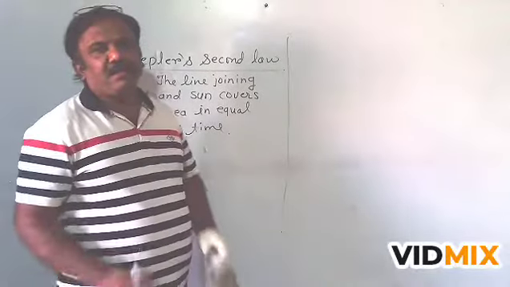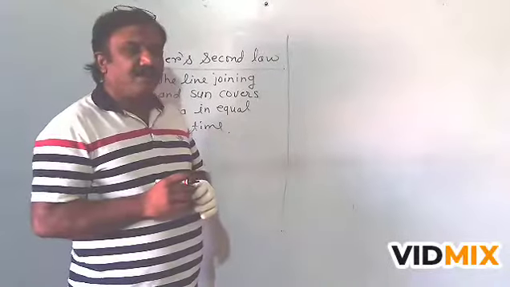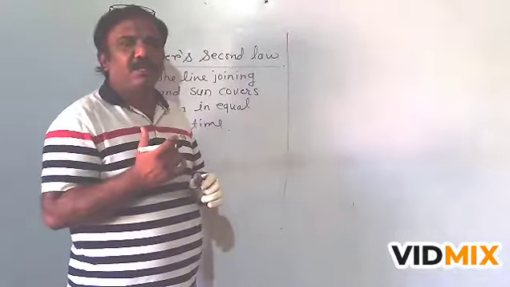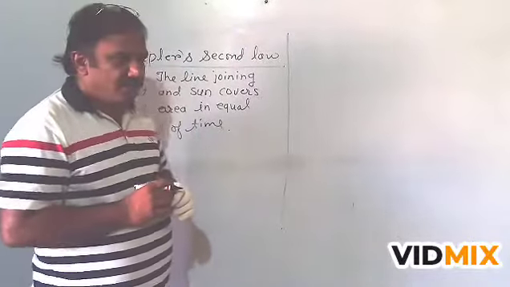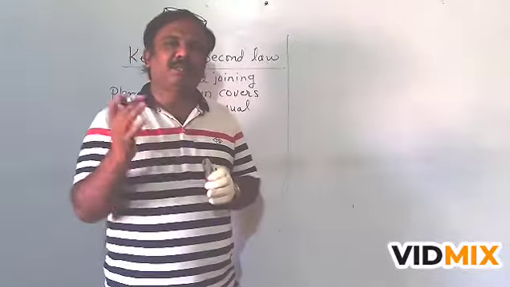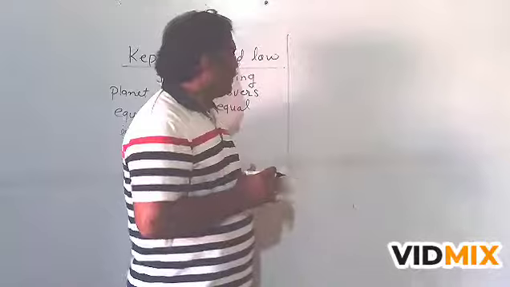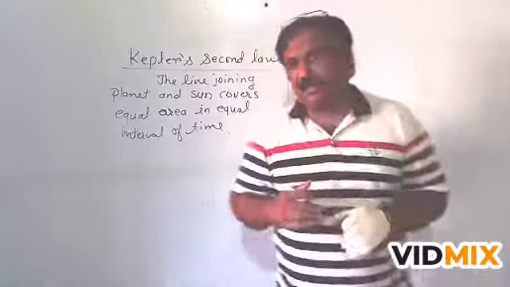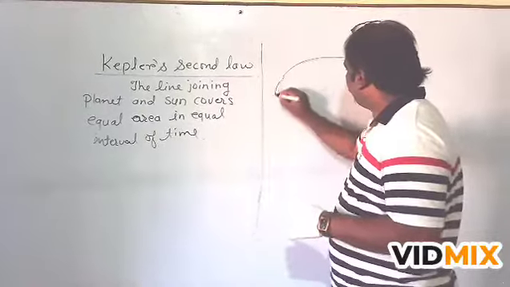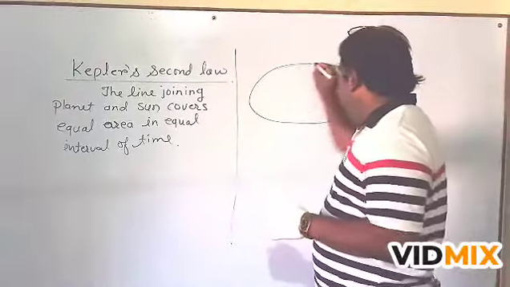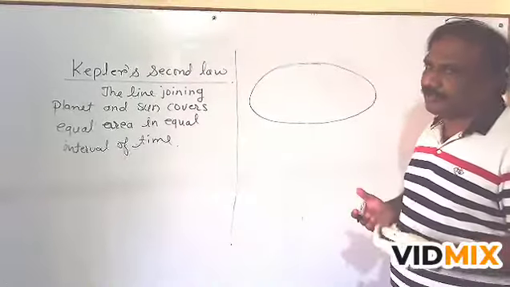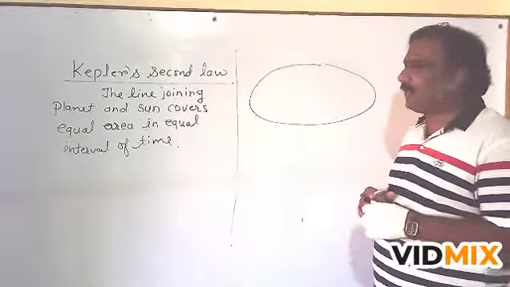As we learned in Kepler's first law, planets move around the sun in elliptical orbit. So let Earth be moving around the sun. As per the first law, Earth is moving in this elliptical orbit, and the sun is at one of its foci.